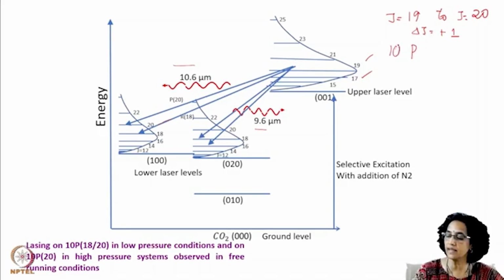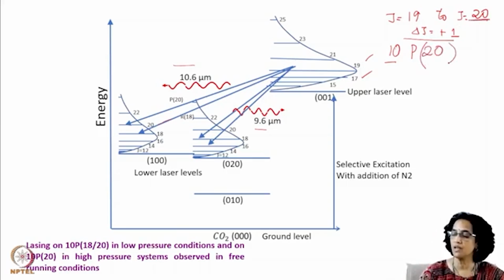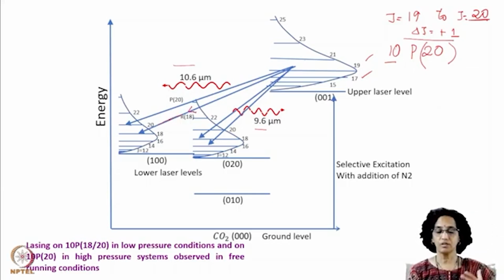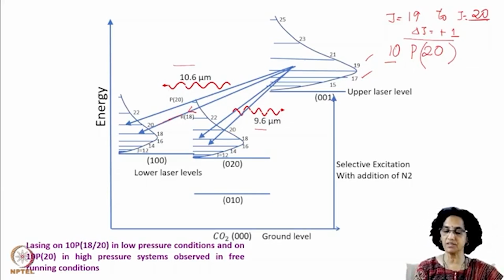Since it is in the 10 micron band, we write 10 first. Since this is a P branch transition, then it is P, and we write the terminating level, which is 20. So the nomenclature for this transition is 10P20. This is the most normally encountered transition which happens in case of a CO2 laser. So you have 19 to 20, that is 10P20.